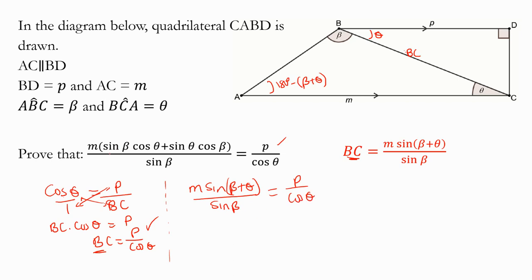But here, remember the compound angle: sine (beta plus theta) is the same as sine beta cos theta plus sine theta cos beta. Remember that. And then over sine beta is equal to P over cos theta.